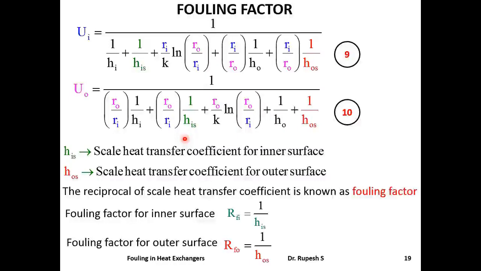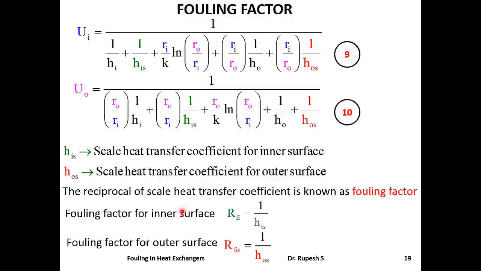Now we have the expression for overall heat transfer coefficient Ui and Uo for a pipe with fouling on both the surfaces, where His is the scale heat transfer coefficient for inner surface and Hos is the scale heat transfer coefficient for outer surface. The reciprocal of scale heat transfer coefficient is known as fouling factor.